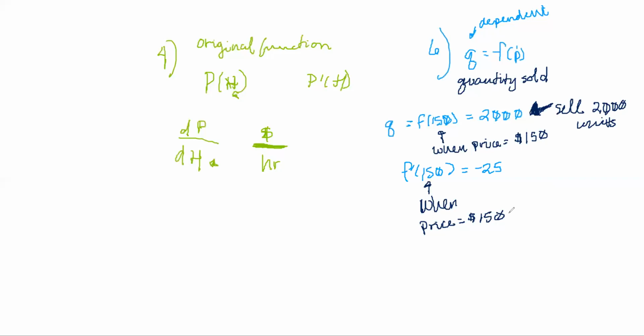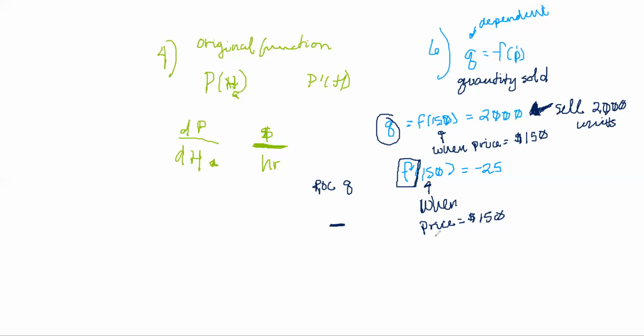So lose 25? Negative 25? Keep in mind, here we have Q, and this is the rate of change of F, which is also the rate of change of Q. So the rate of change of Q is negative when the price is equal to $150.